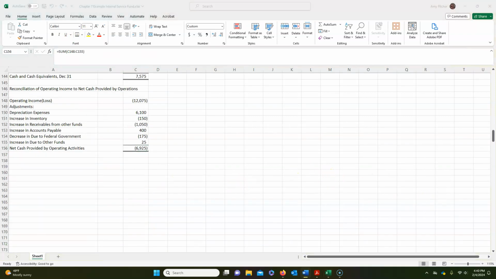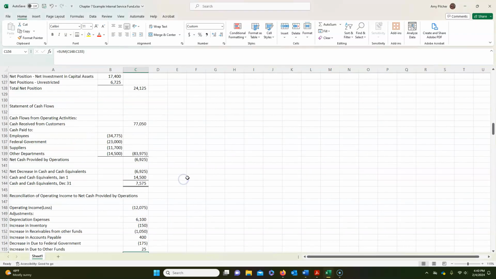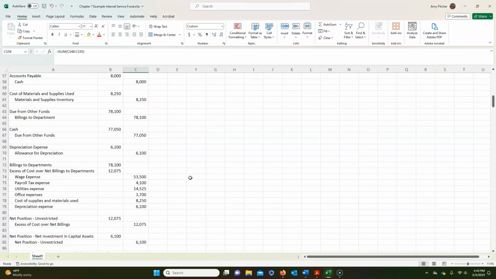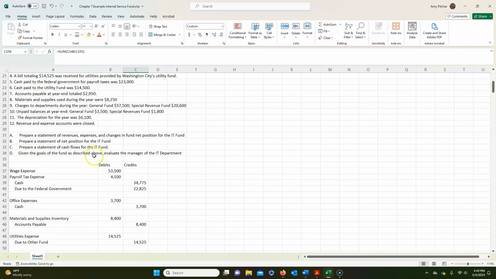Okay. So question 3, then the last question here asks, given the goals of the fund as described above, evaluate the manager of the IT department. So what we know is our pricing policy is not covering all operating expenses, including depreciation.